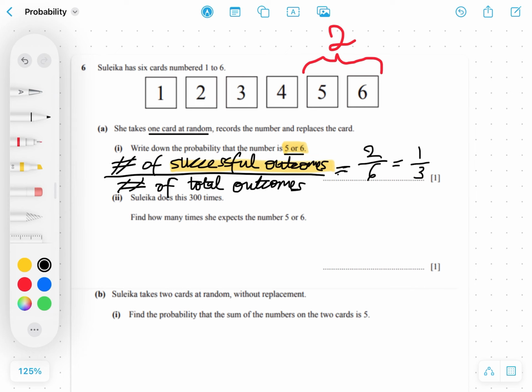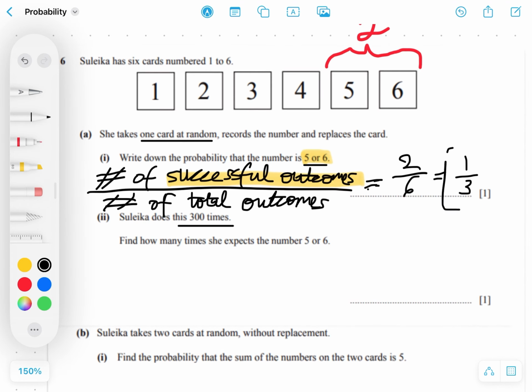So now she does this 300 times, and we're asked to find the number of times she expects the number 5 or 6. So for these kinds of questions, we take the probability that we found initially, which is 1/3. That's the probability of taking a 5 or 6 from one card.